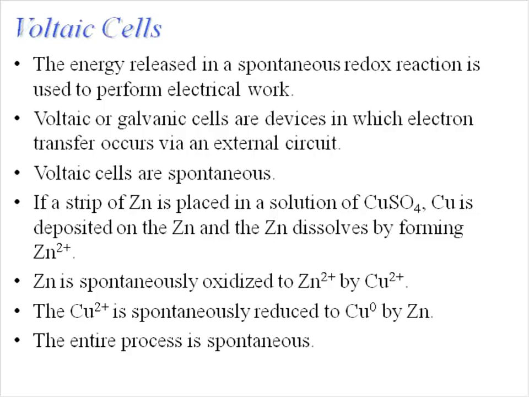To make a cell, don't let them come in direct contact with each other. That's a smart thing to do. So copper, if you want 2 electrons, then you can't take directly from zinc because you're not in touch with zinc.